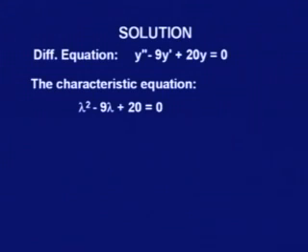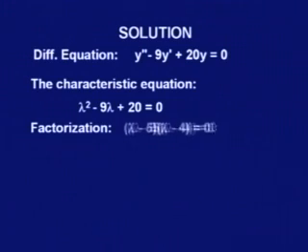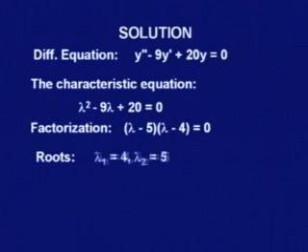To find its roots, we will just do the factorization. Factorization gives lambda minus 5 into lambda minus 4 is equal to 0. Thus, the roots are 4 and 5, they are real and distinct. So, this is the first case.